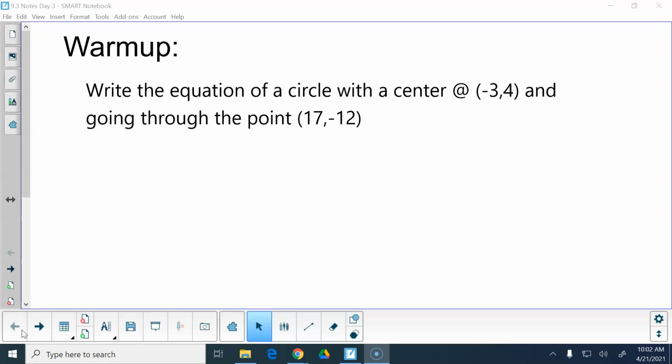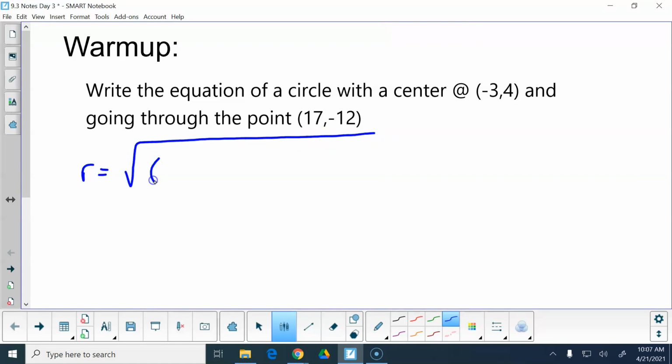So let's start off today with writing the equation of the circle with the center at -3, 4, and going through the point 17, -12. So first thing we've got to do is find the radius. We're going to find the radius by using the distance formula.